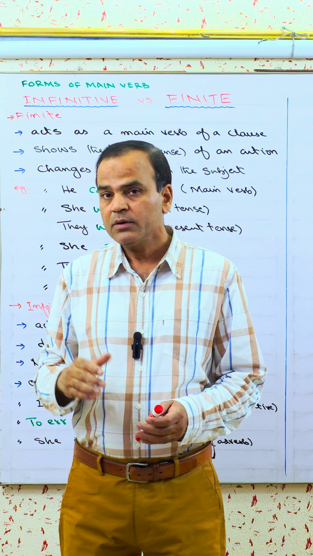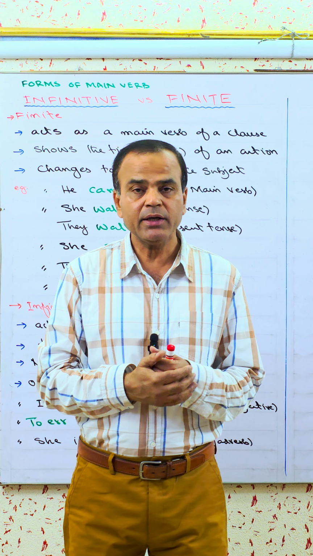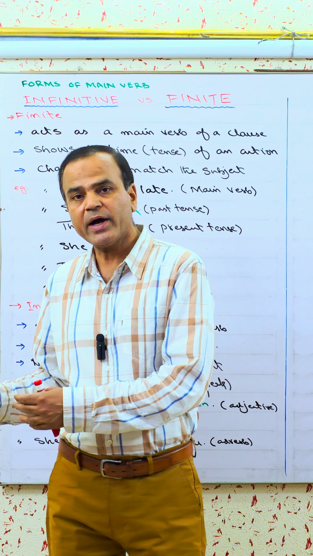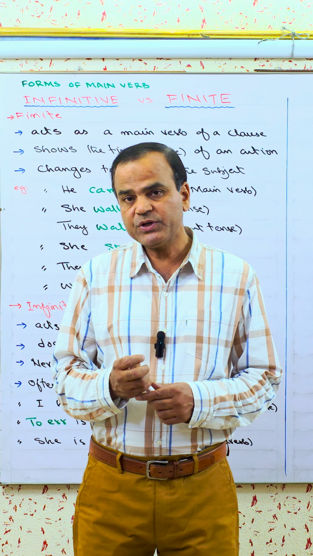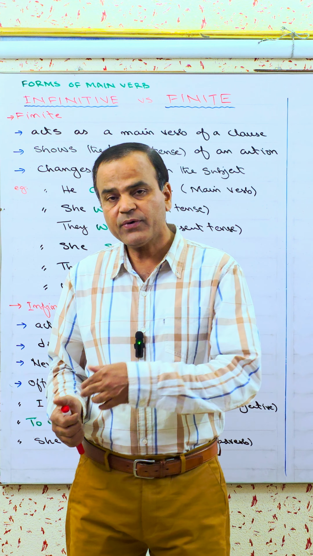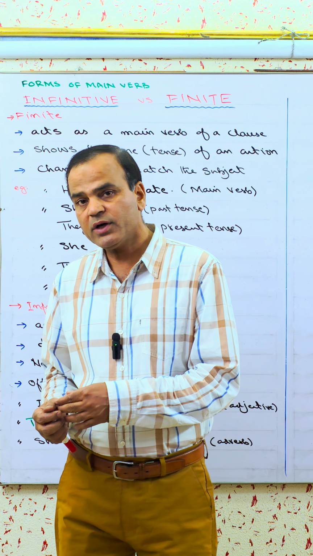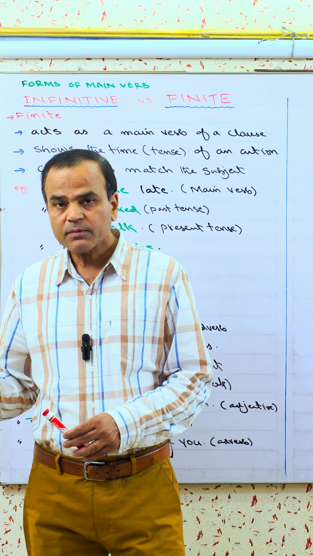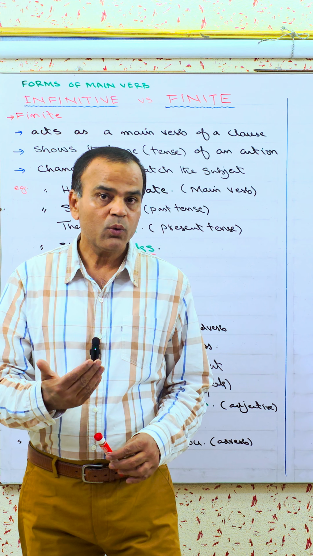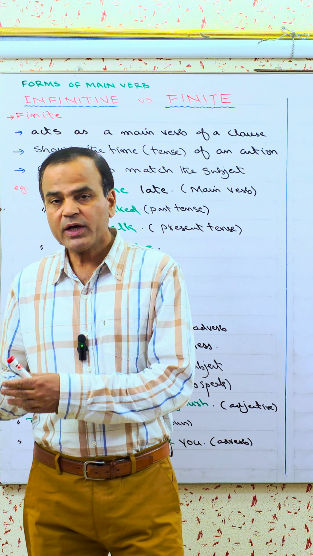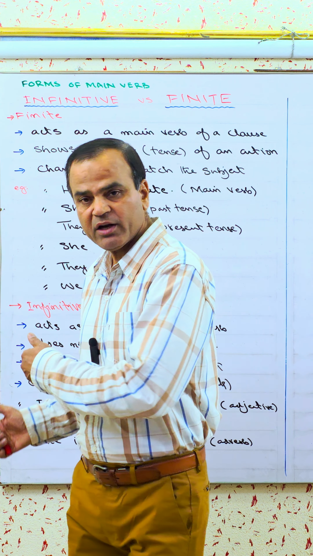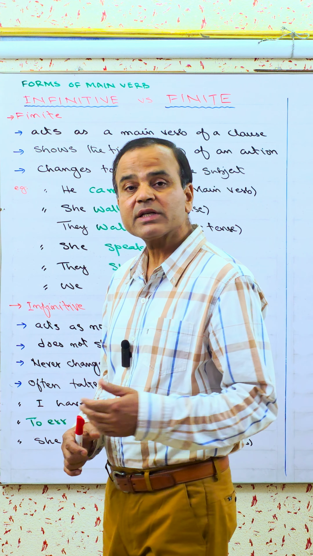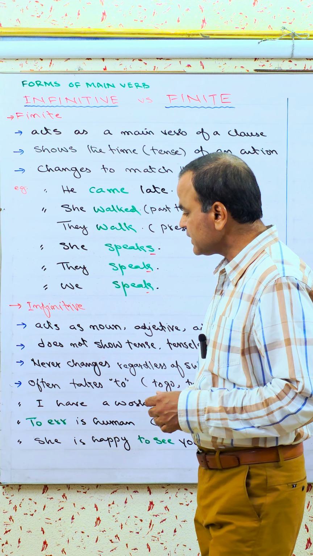That means if the subject is singular, we will change the finite verb accordingly. And if the subject is plural, the finite verb will be changed in that way. As he goes and they go. Goes we are using because the subject is singular in third person. And we are also going to discuss it through the sentences too.